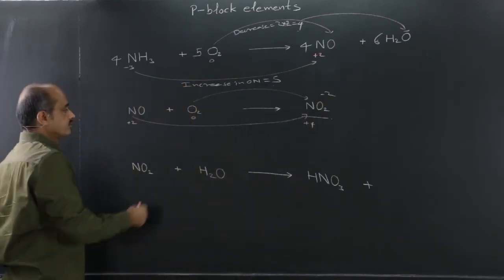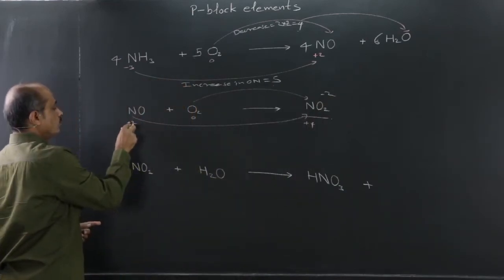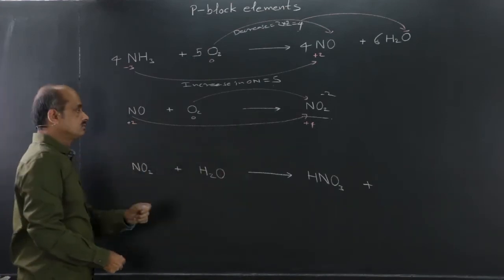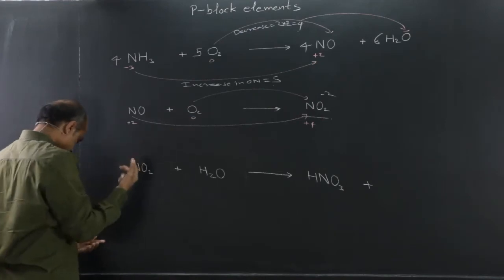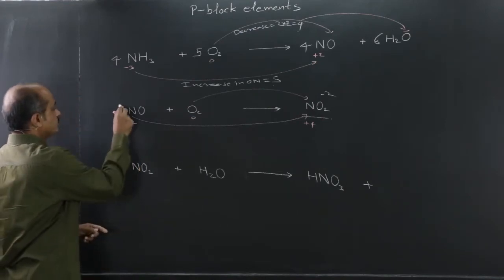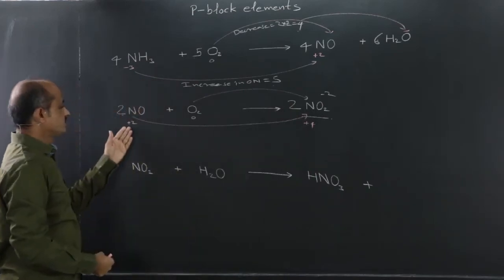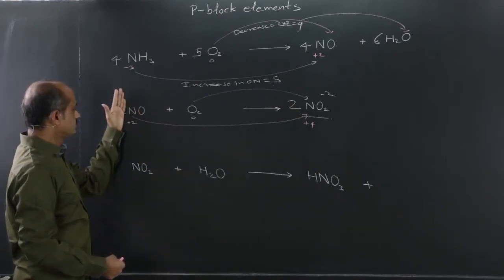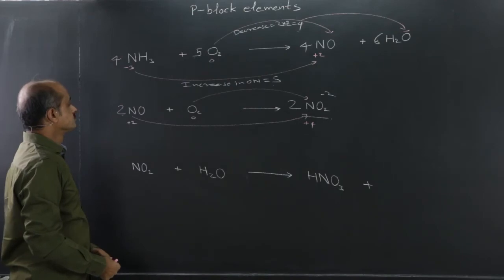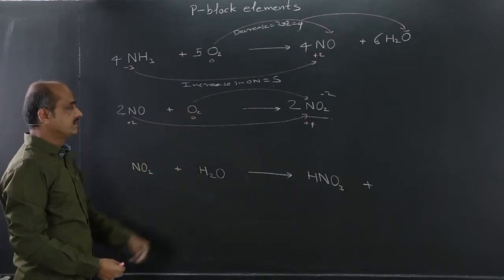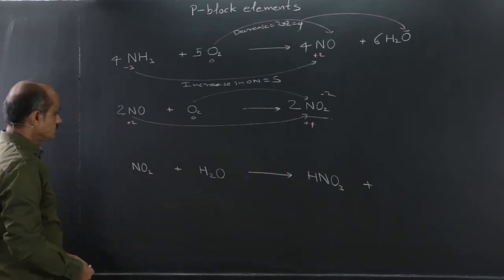So to balance this, +2 changing to +4 will require 1 atom of oxygen, 0 to -2. 2 atoms are available. Let me write the coefficient 2 here, and therefore automatically, electronically, +2 changing to +4, such 2 atoms, and for that 0 changing to -2, 2 atoms, it becomes automatically balanced.